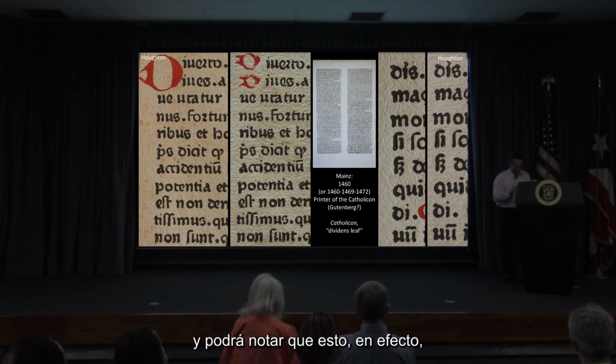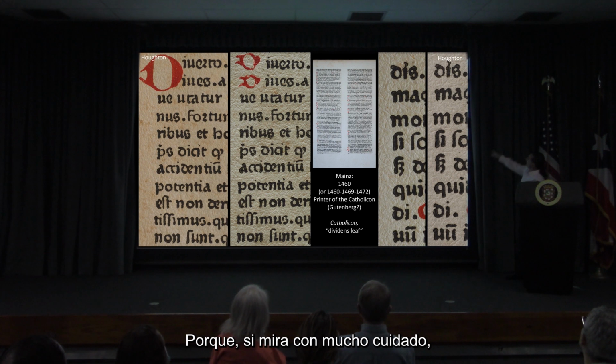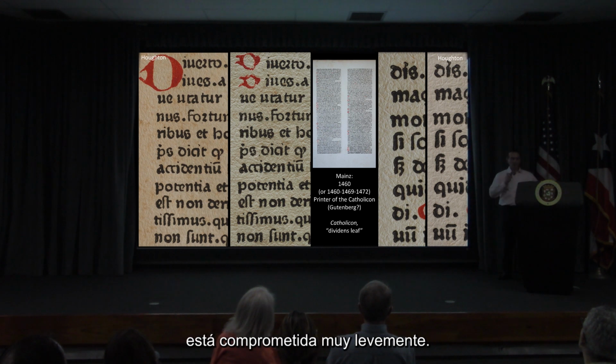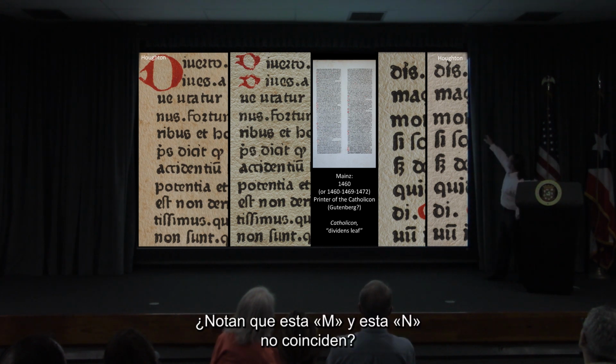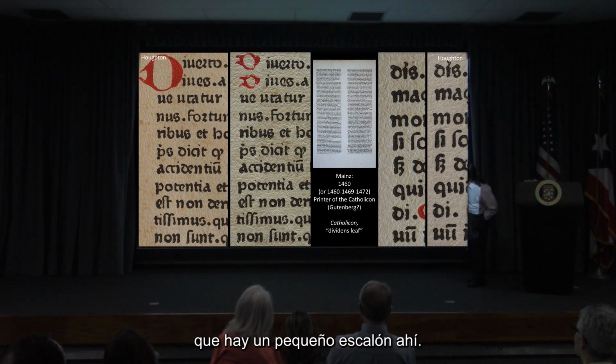Once you're at the exhibition, squint. You can, in fact, see that this page was printed from 2-line slugs because if you look very carefully, left justification is compromised, just ever so slightly. You see that this M and this M don't match. So there is a little bit of a step there.